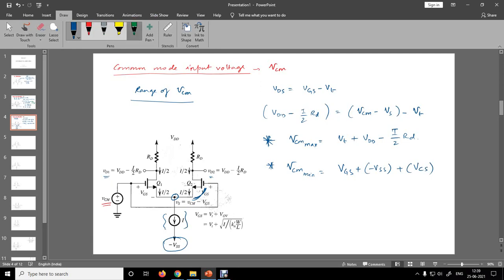This VCS here is the sufficient voltage drop seen across the current source I for it to operate.